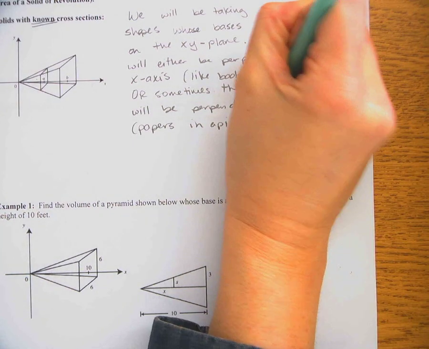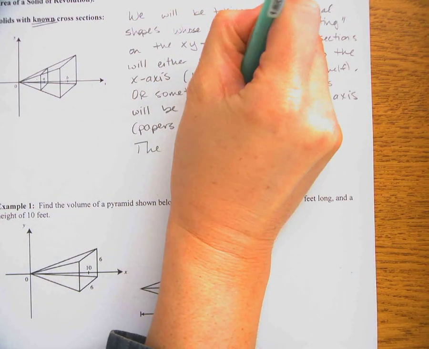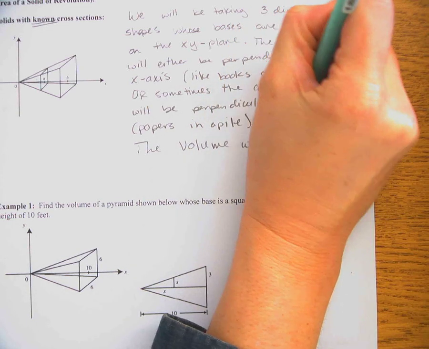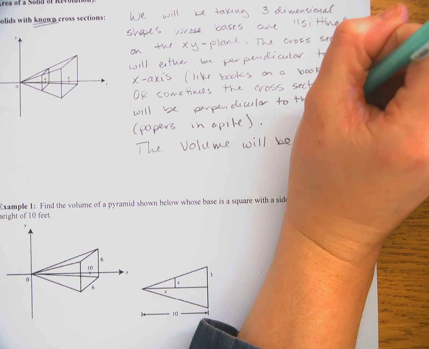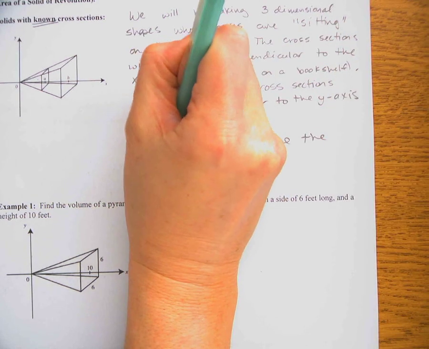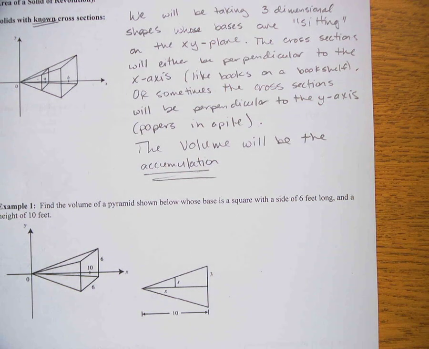And so again, the volume will be the accumulation. So there's that word accumulation again, which means an integral.